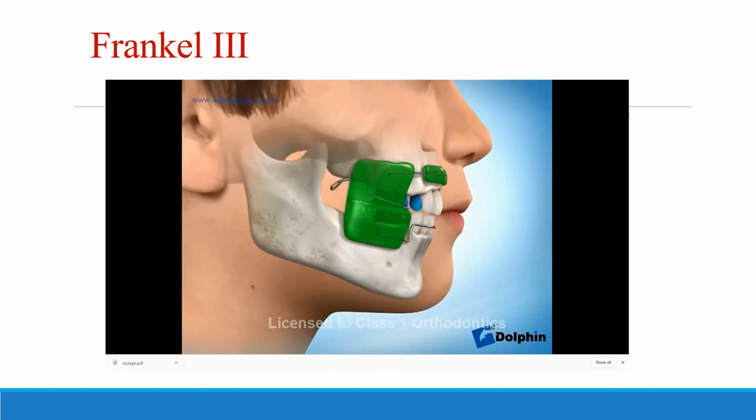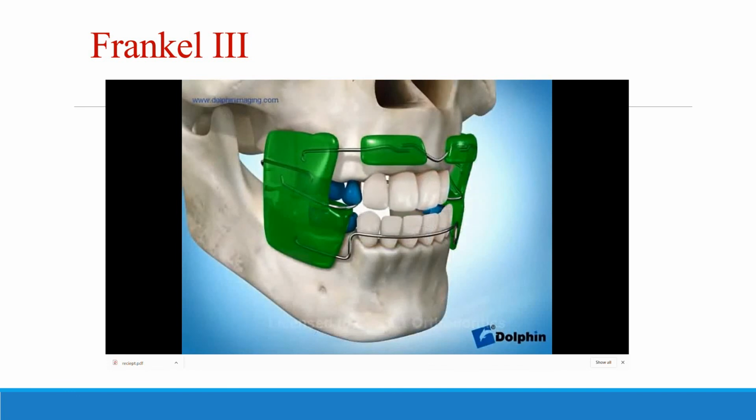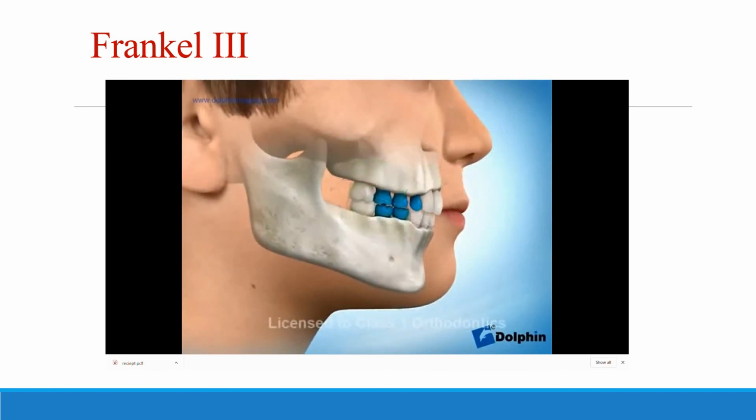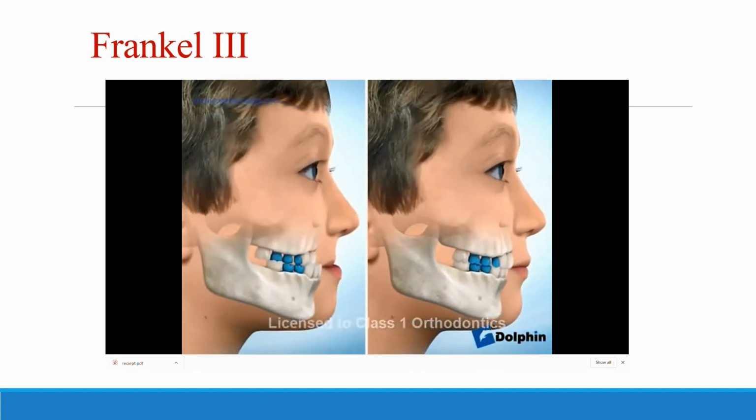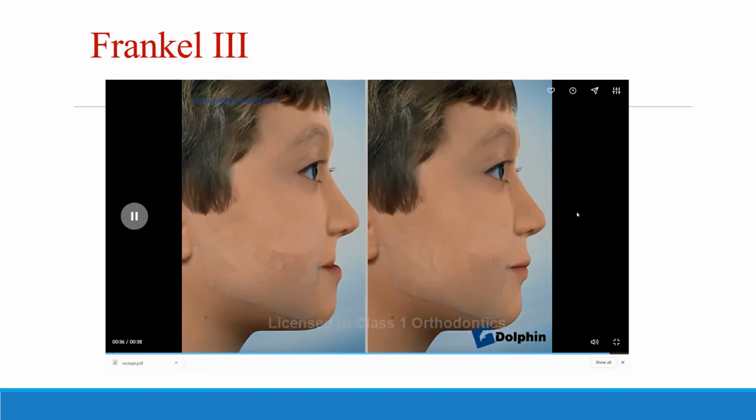It has proven effective as a primary treatment appliance in class 3 patients with mild, moderate, or severe dentoalveolar, skeletal, and neuromuscular imbalances affecting the skeletal, the dentoalveolar, and the soft tissue component simultaneously.